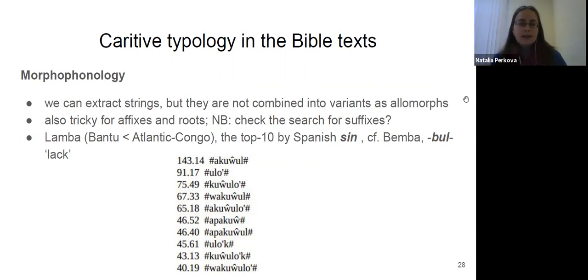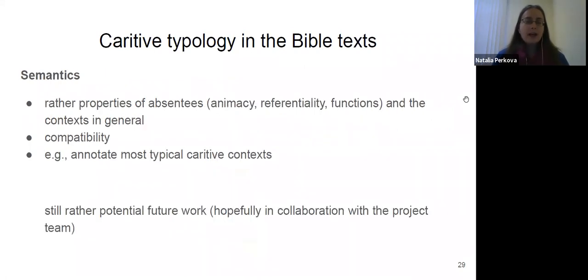Because, for instance, this is a Bantu language where we get all this rich morphology extracted and it calculates the similarity in some way. So we see that there is this root with some variation, and we probably can get something from that. As for semantics, all the information we can get will come from the context.